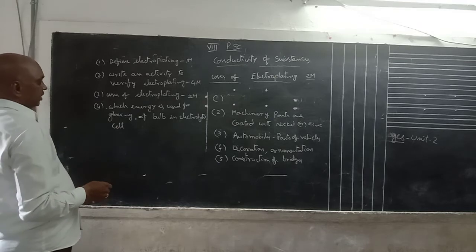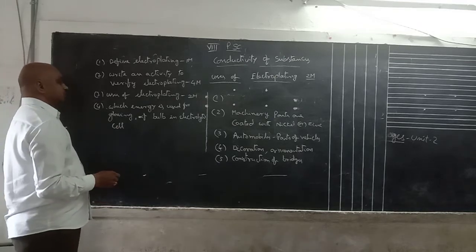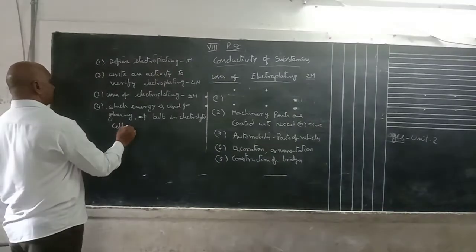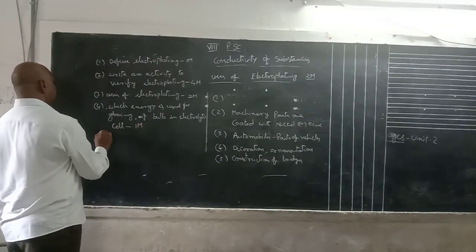Suppose an electrolytic cell is there. Which energy is used for glowing of the bulb? Glowing of the bulb means chemical energy. Generally, this is a 1 mark question.